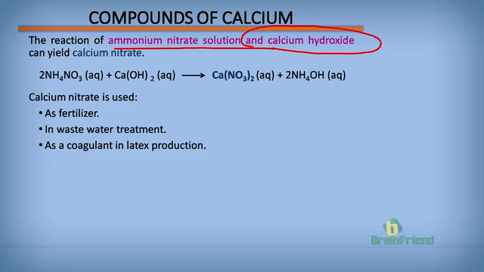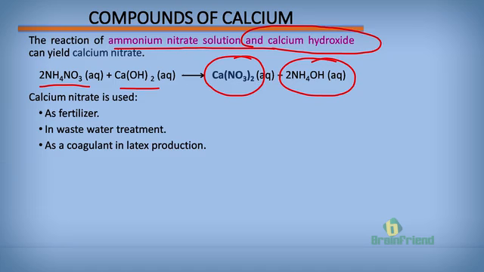When these two react, it can yield calcium nitrate. As you can see from the reaction, ammonium nitrate and calcium hydroxide give us what? Calcium nitrate and ammonium hydroxide as a byproduct.